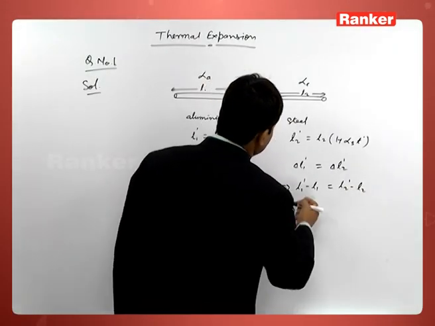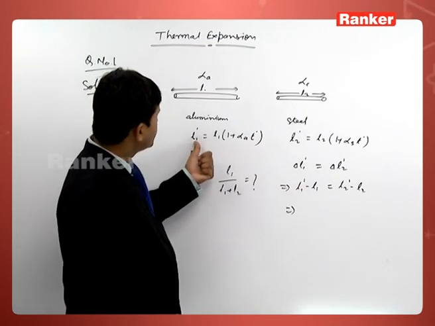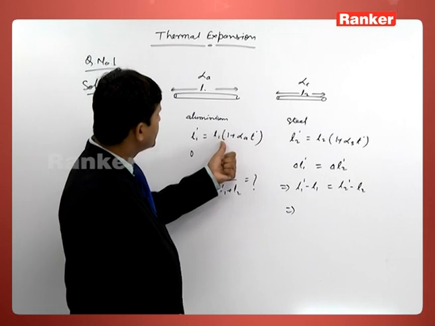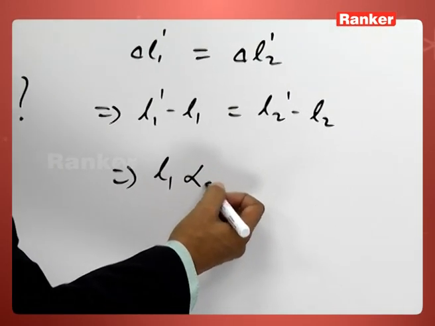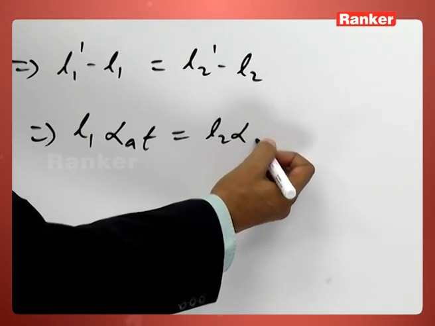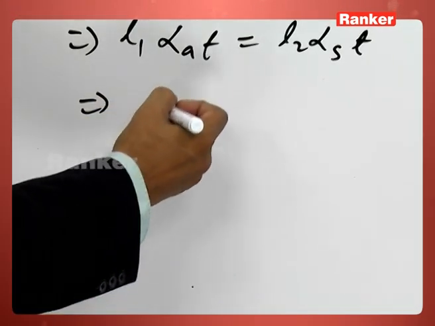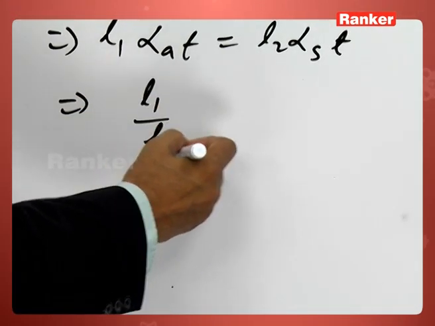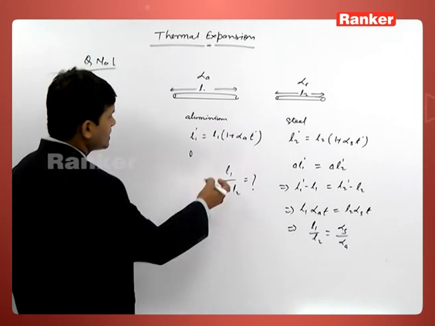From here we can write, L1 dash minus L1 is equal to L1 alpha A T, that is equal to L2 alpha S into T. So that gives us L1 by L2 is equal to alpha S by alpha A. So this is the relation. Now this we have to find.